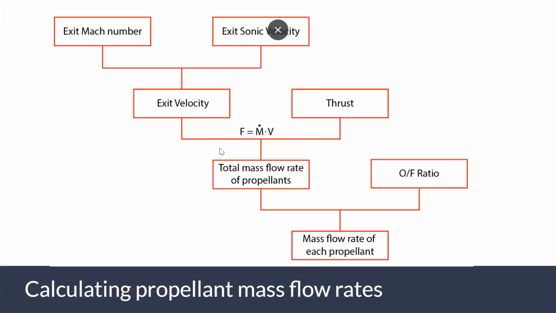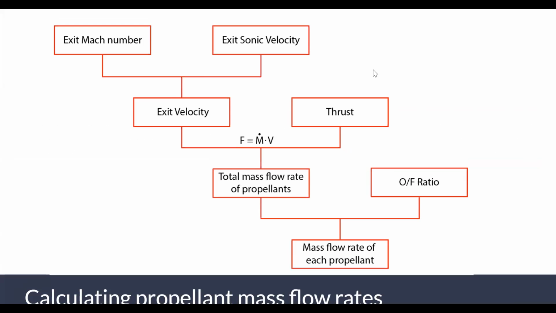So first thing we're going to calculate is the mass flow rates. And this basically comes from the principle of momentum. I don't know if you guys remember in the first lecture we gave, we talked about basically the way a rocket engine generates thrust is you throw a bunch of mass of combustion gases out the engine at high velocity, and that creates thrust.